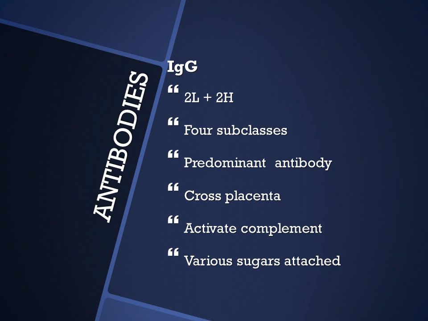On the other hand, if the immunoglobulin G molecule has a sialic acid side chain attached to it, then it becomes anti-inflammatory. So the type of sugar attached to the immunoglobulin G molecule will define its function, whether it is anti-inflammatory or pro-inflammatory.